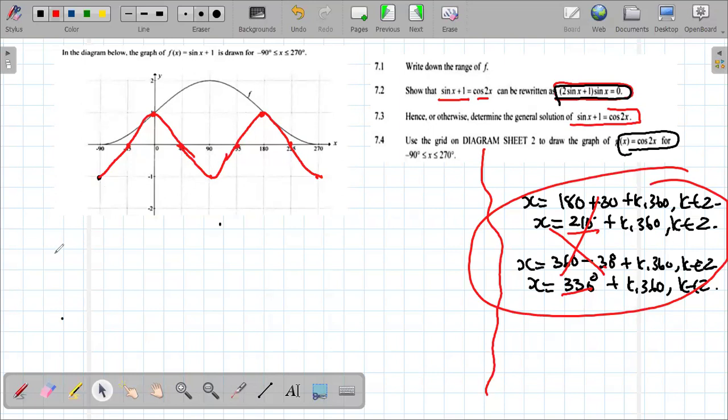Oh, it's correct. Wait, let me do this. Can you see here if we trace here, it should give us 210. Do you know why our graph is wrong? Let me show you. They said it should start from negative 90 to 270.